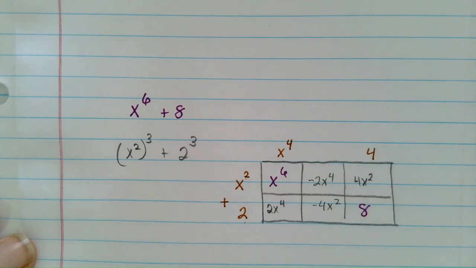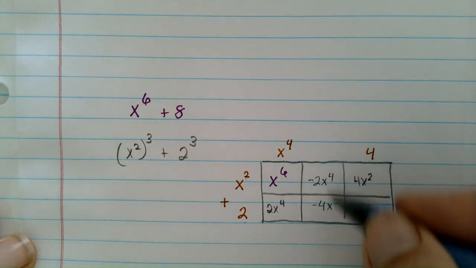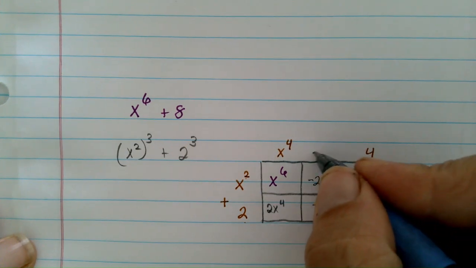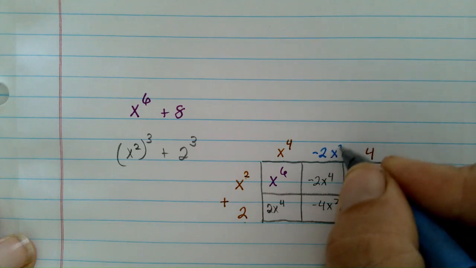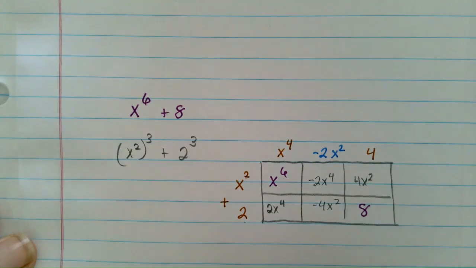And now what would I have to multiply the two things out here on the far left to get these two things in that middle column? I need to multiply by negative 2x squared. So that's why my final answer is x squared plus 2, x to the 4th minus 2x squared plus 4.